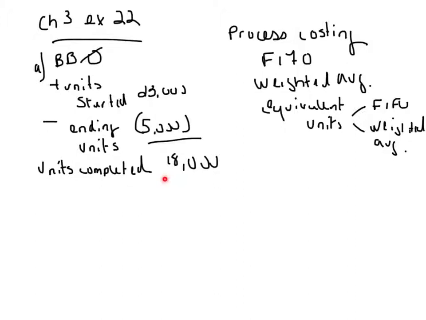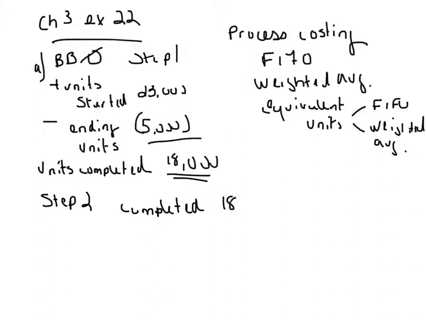So if this is step 1, then we have step 2. For this one, we know we have to figure out this number first. This is the amount that we're saying was completed of the 18,000. Now we have to figure out this ending WIP number.